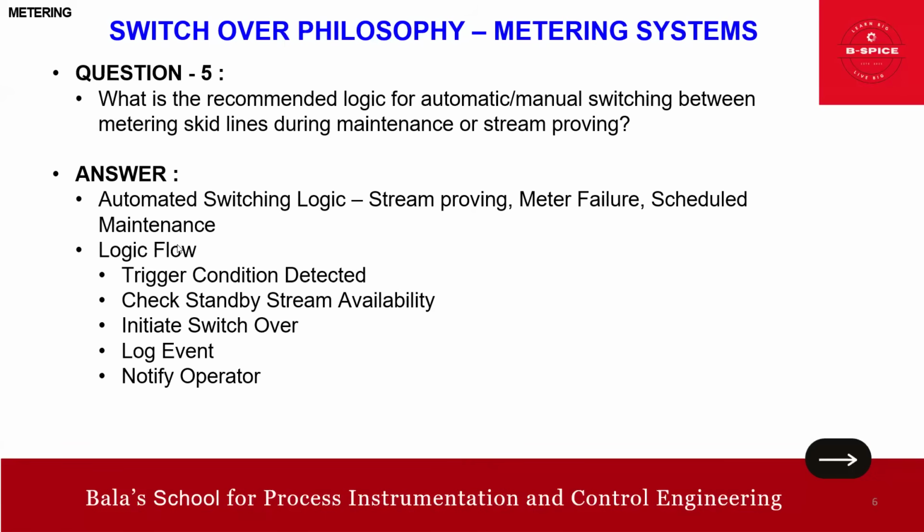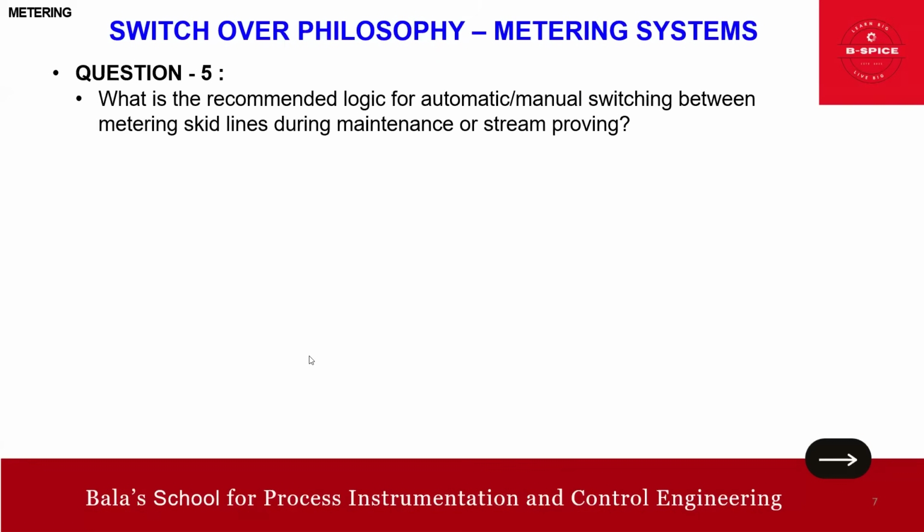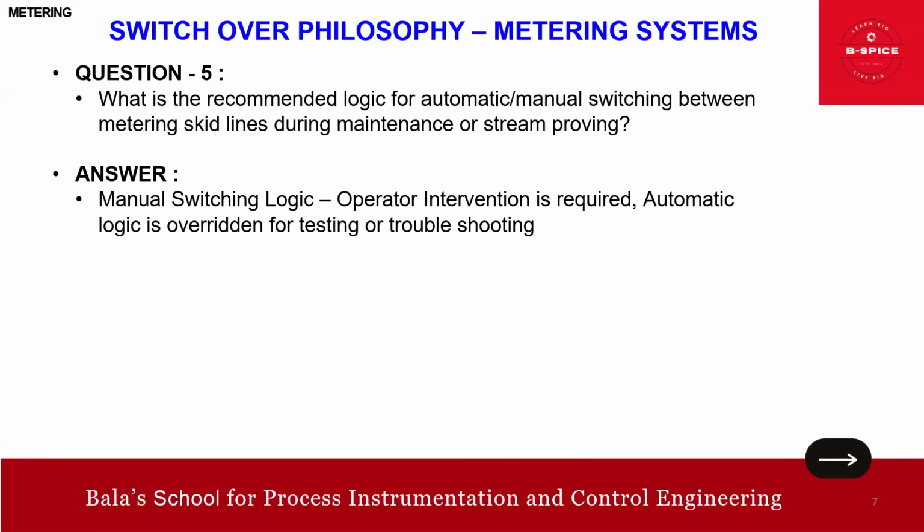This is the logic basically. So to answer your question, there are two ways. One is the automated switching logic, the other is manual, which I will discuss in the next slide. Okay. So I'll go into the manual switching logic. This manual switching logic is used when operator intervention is required or automatic logic is overridden for testing or troubleshooting.